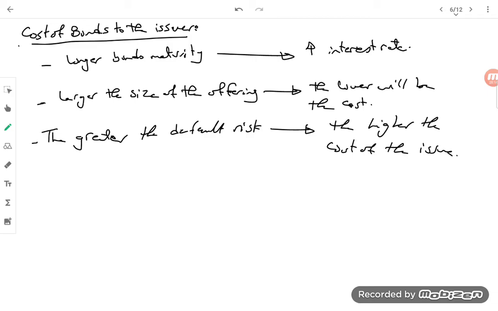Number three, the higher the risk, the higher the cost. And number four, finally, the cost of money in the capital market. So these are the main four factors that affect the cost of bonds to the issuer.